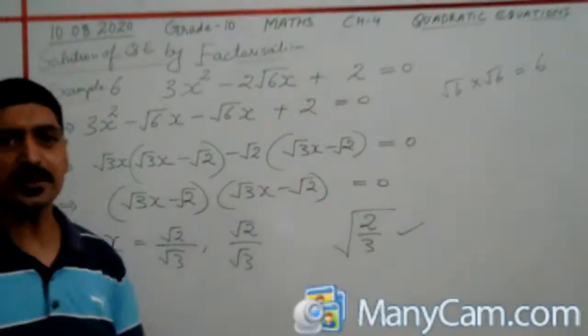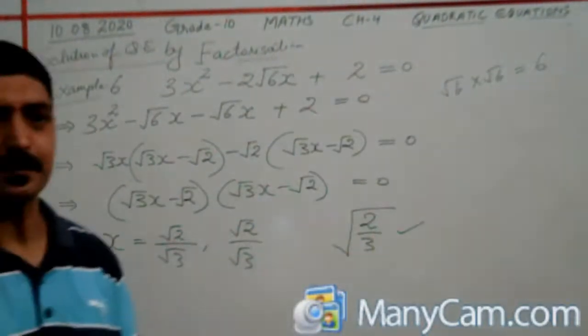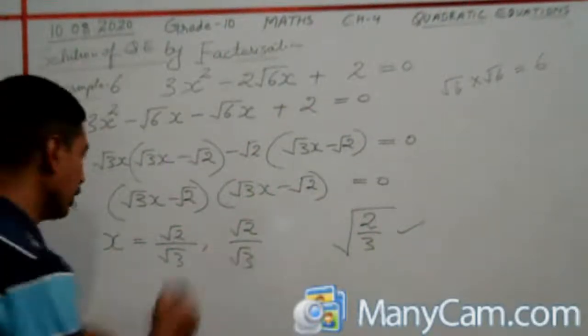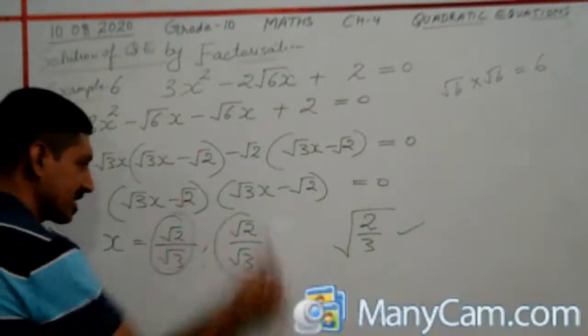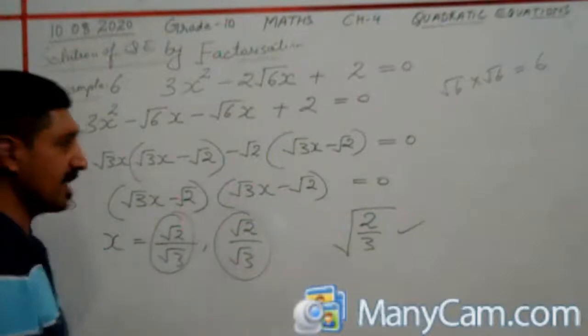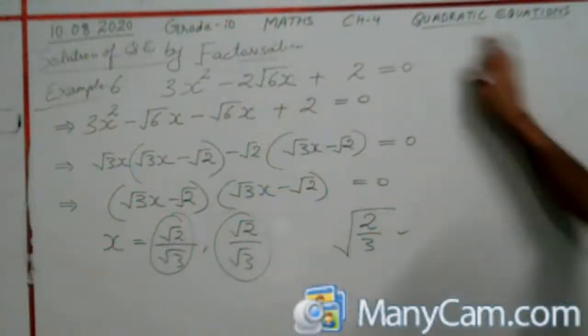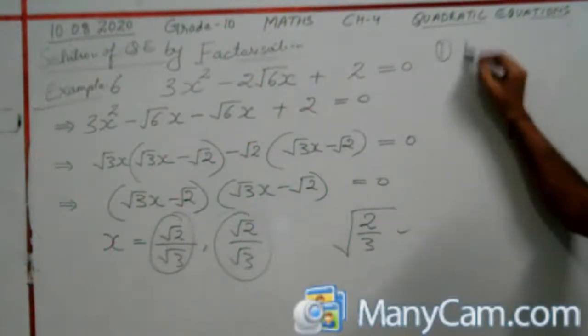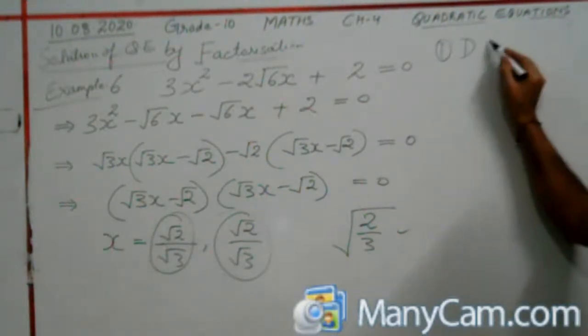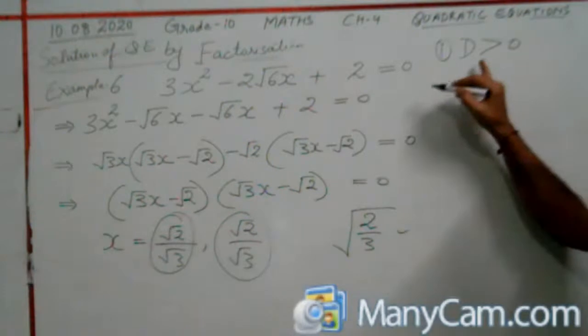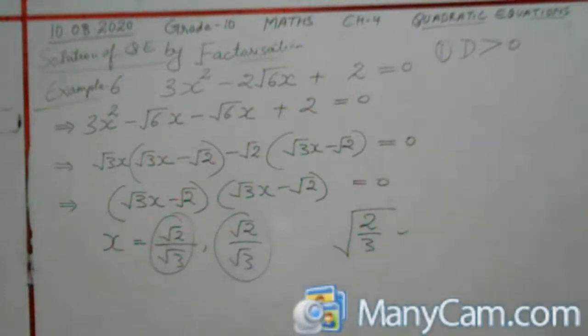One very important thing, if I have to correlate here, you will find when both the roots of the quadratic equation are the same. In the last exercise I discussed in the beginning the nature of roots. The nature of roots is decided by the discriminant. If discriminant is greater than 0, 2 real and distinct roots.